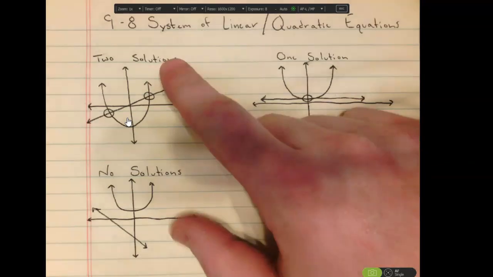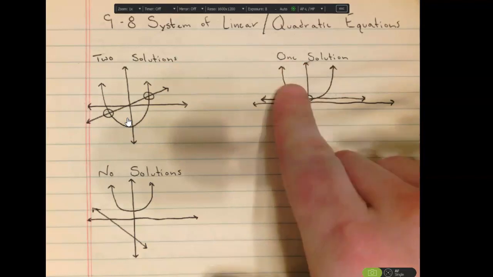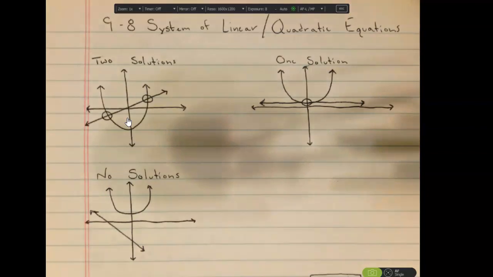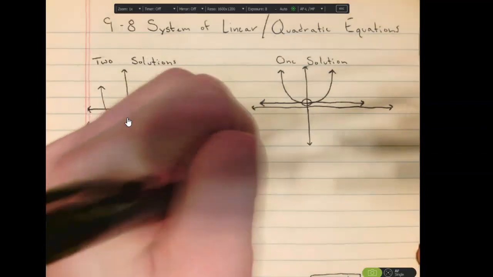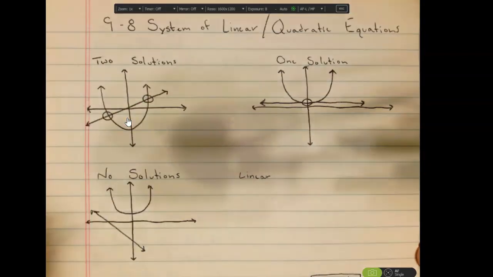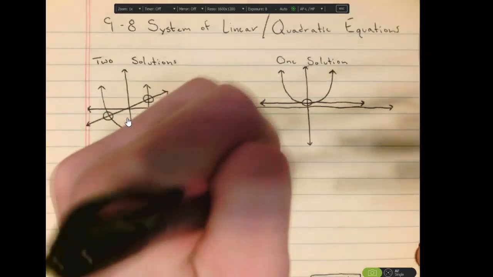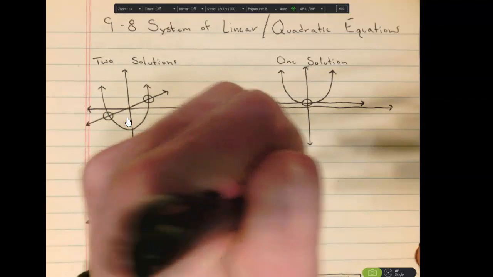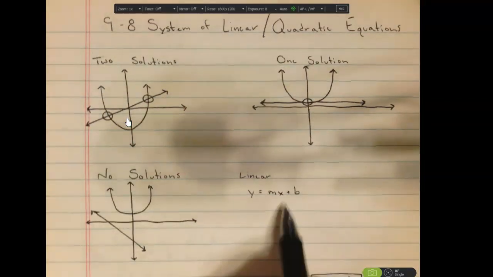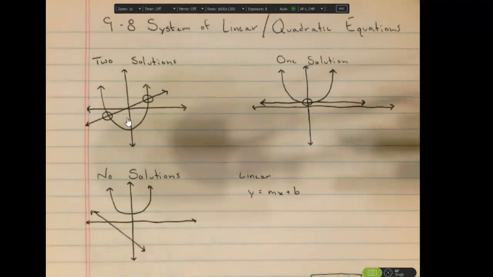So, system of linear and quadratic equations. We're going to be putting the two together. Remember, and this should be review, a linear equation is going to look like y equals mx plus b, where x just stands alone.